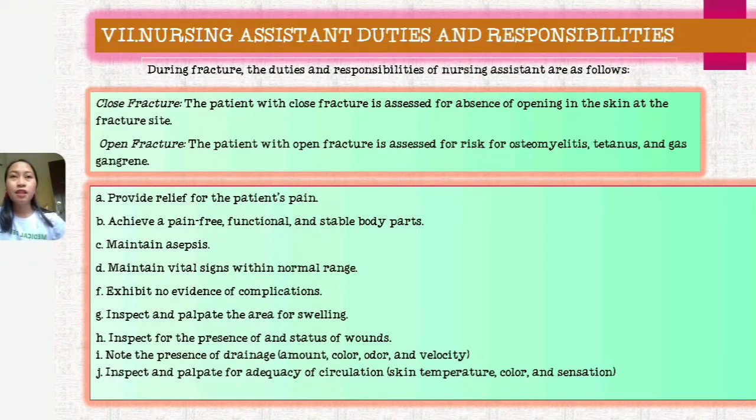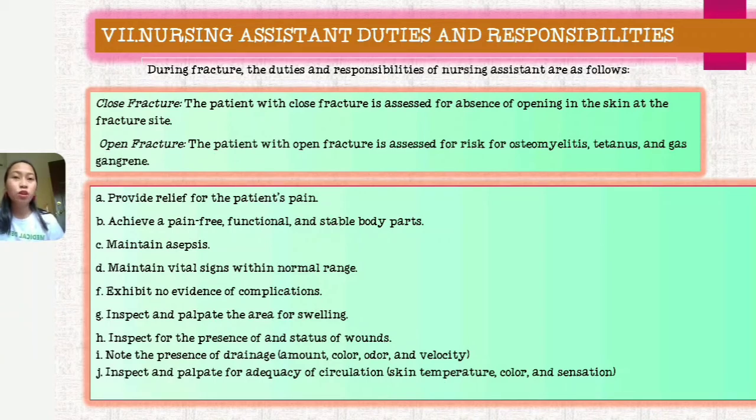Next, tetanus. Tetanus is an infection that produces a toxin that affects the brain and nervous system. It may lead to stiffness of the muscle. And the last one is gas gangrene. Gas gangrene is a bacterial infection that produces tissue gas. This deadly form of gangrene is usually caused by Clostridium perfringens bacteria.